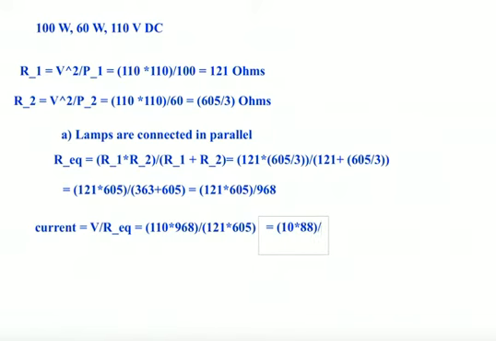So 88 divided by 2 11s, 121, becomes 605. 11 5s are 55.